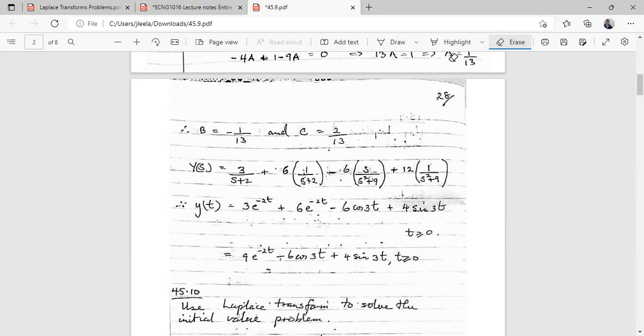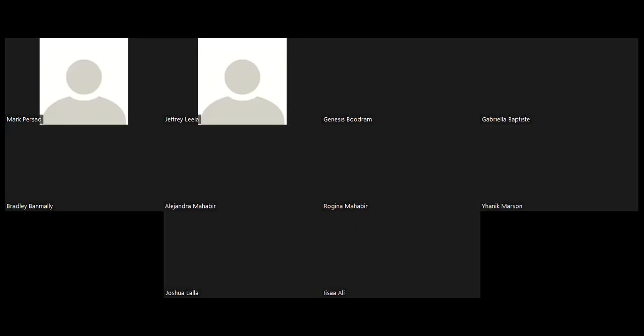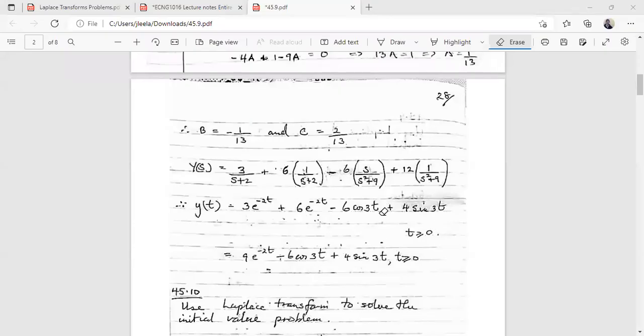Right, because it's supposed to be, sorry about that. It's actually 4, because you remember this is supposed to be a 3 squared here, and then you have to have a 3 on top, right? So you have 3 over s squared plus 3 squared.